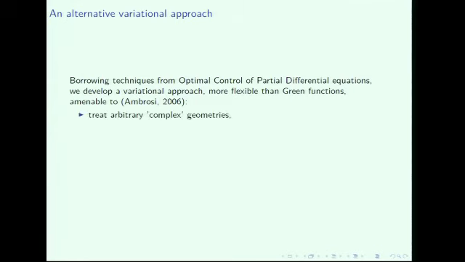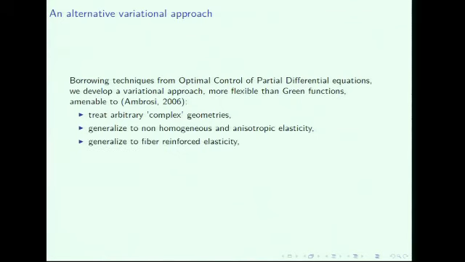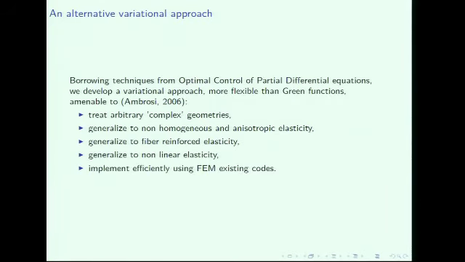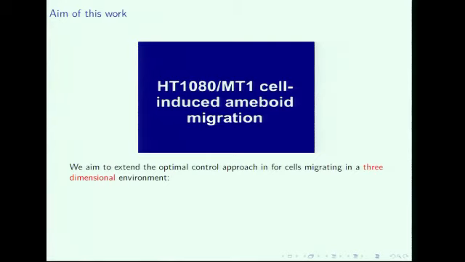Such a method, the optimal control method, can treat arbitrary complex geometries. Then it can be generalized easily to more complex material behavior. It can also be easily generalized formally to the case of nonlinear elasticity, and can be implemented straightforwardly using existing finite element code.